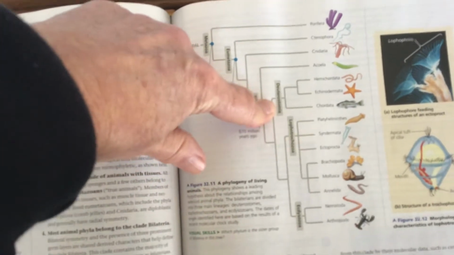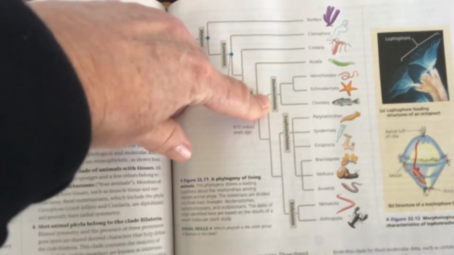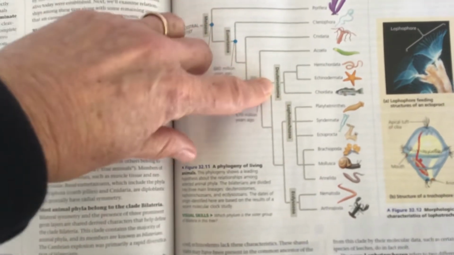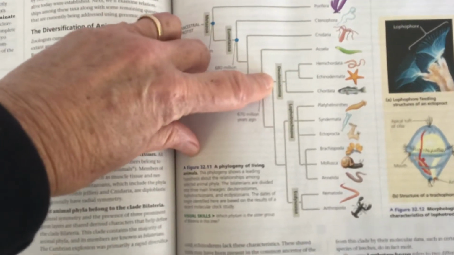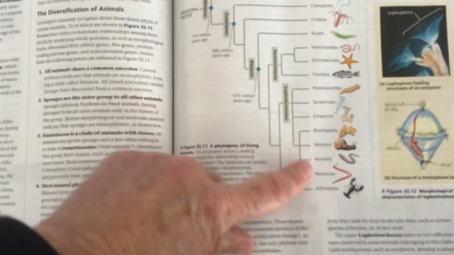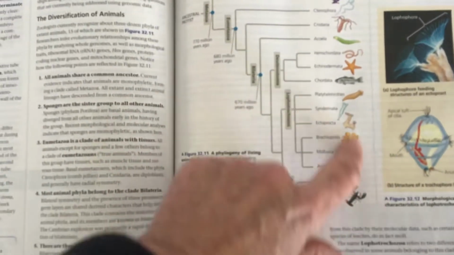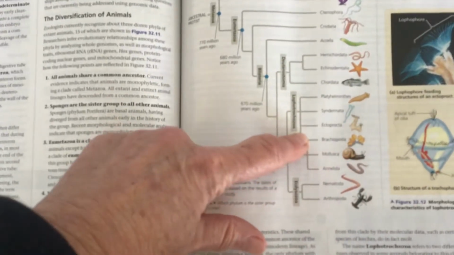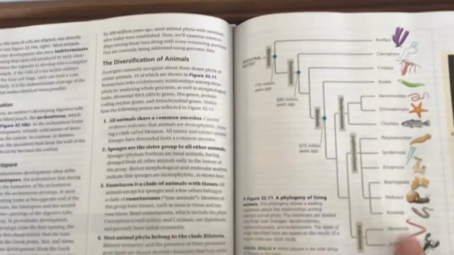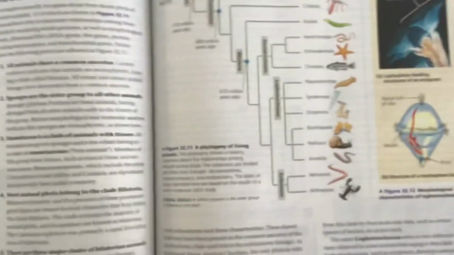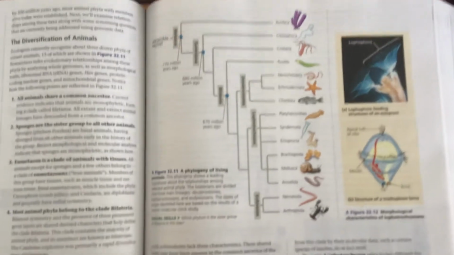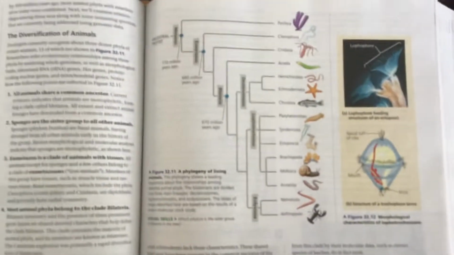Remember, we went over this in the last lecture. Basically, their body formation or their pattern of development is quite a bit different than the other groups, which are protostomes. These guys are the bulk of the organisms that we are going to talk about. And then we will also talk about these couple of groups as well. So just take a look at that diagram, and we'll talk about it more as we go along.